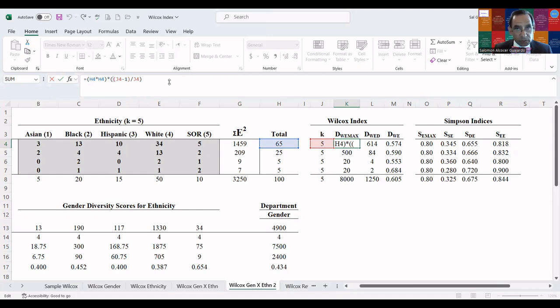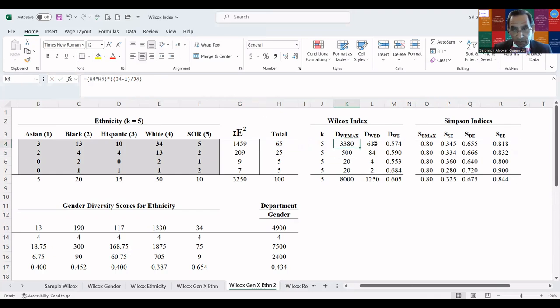So for H4, it's going to be 65 times 65 times the number of groups minus 1 divided by the number of groups. So it's going to be 5 minus 1 divided by 5. When I multiply N squared times K minus 1 divided by K, that gives me 3380 for the males.